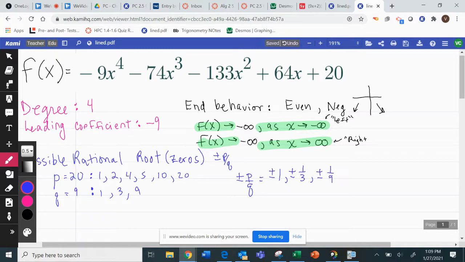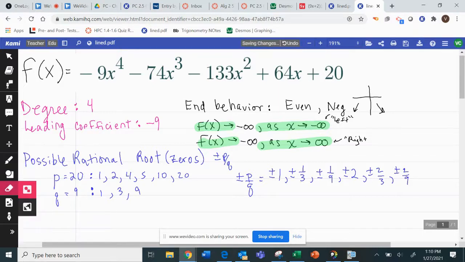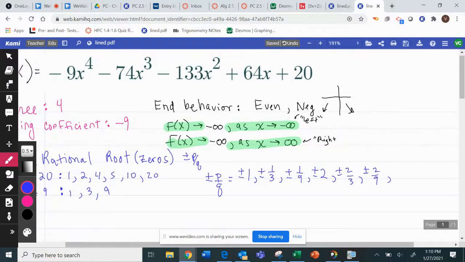So I used all the ones. Now I'm going to use the 2's. Plus minus 2. And then I do 2 over 3. And then 2 over 9. And the 4's. Plus minus 4.